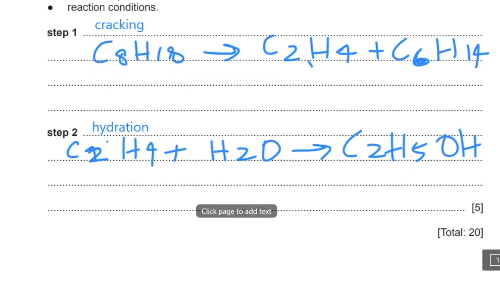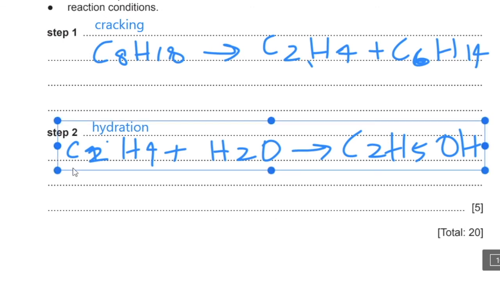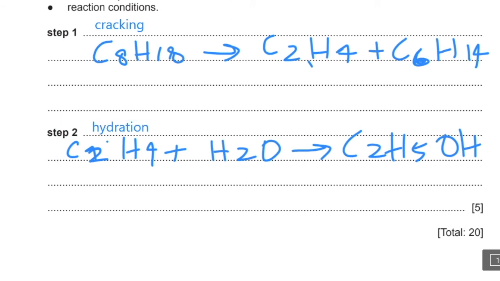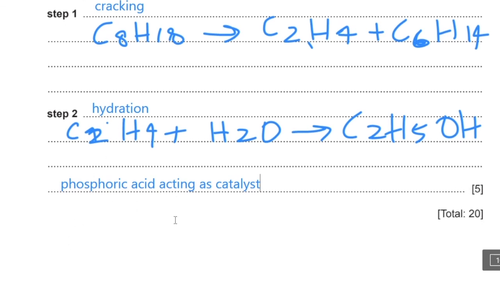Hydration requires the presence of catalyst, which is phosphoric acid in this case. And you could write other conditions as the temperature and pressure, but since the question only requires 5 points, I'm only writing the catalyst over here.